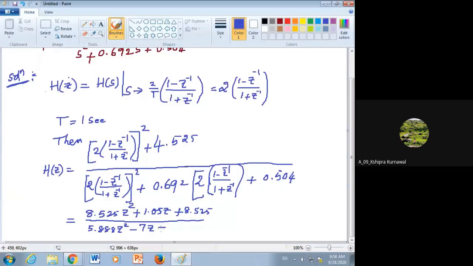Can anyone rectify it? What is the answer? 3.12. Is everyone getting this answer? Just tell me with your roll numbers.